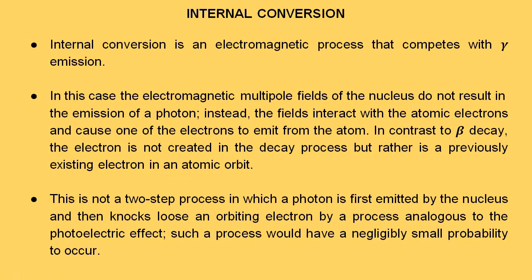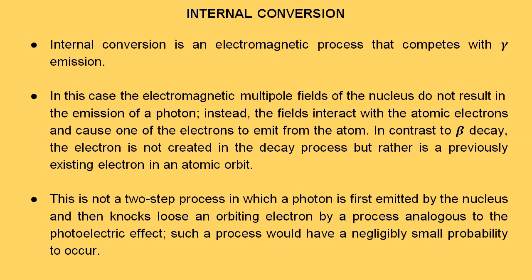This is one of the differences between beta decay and internal conversion. In beta decay, an electron or positron is created by the transfer of a neutron to proton or from a proton to neutron in the nucleus, and it has a nuclear origin.